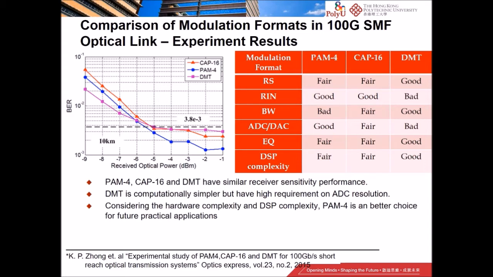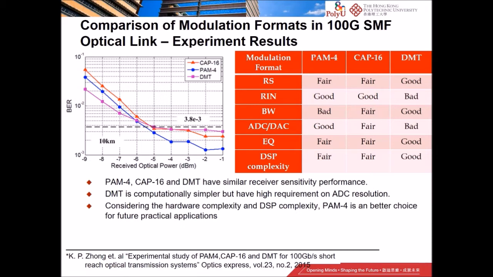However, DMT is computationally simpler, because it is OFDM-based signaling. A lot of times, processing signals in the frequency domain is somewhat easier than processing signals in the time domain. But DMT suffers from another issue, and that's the ADC resolution.